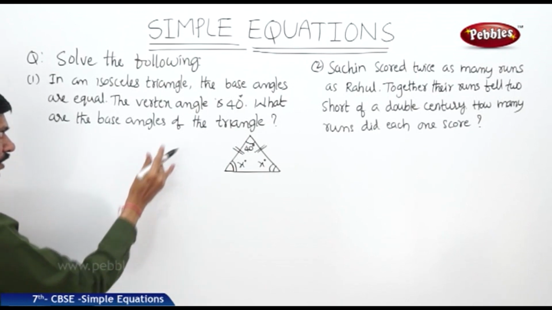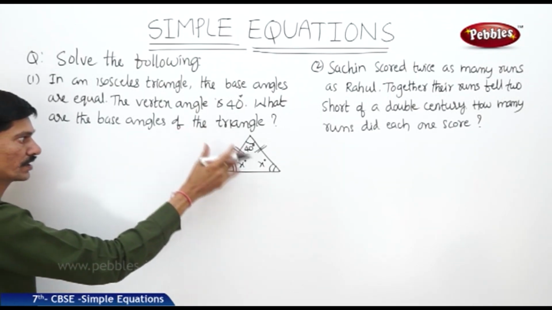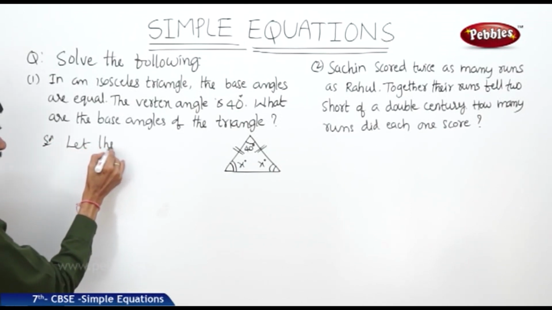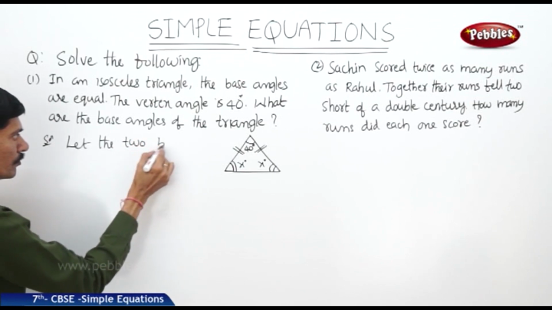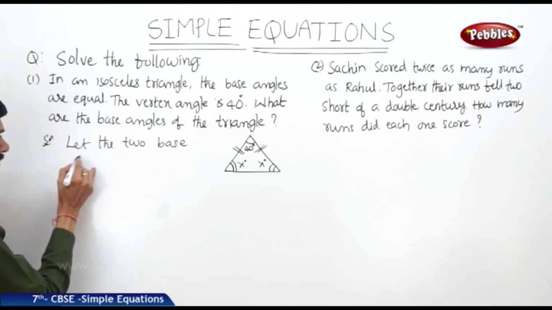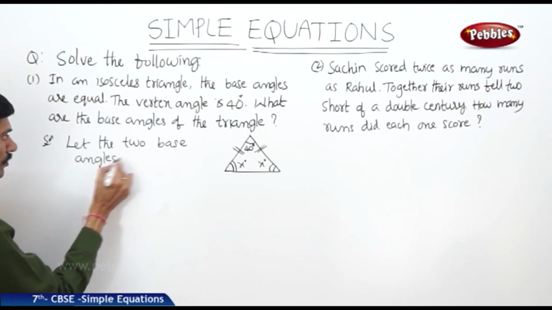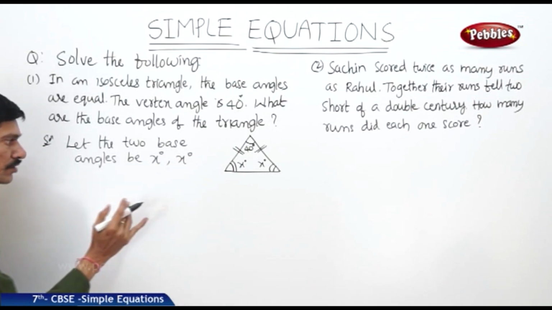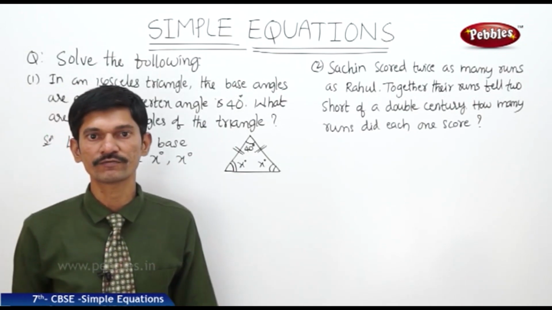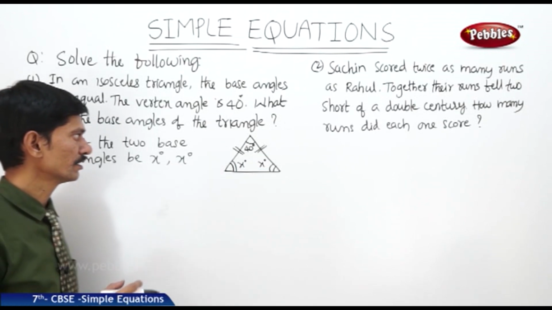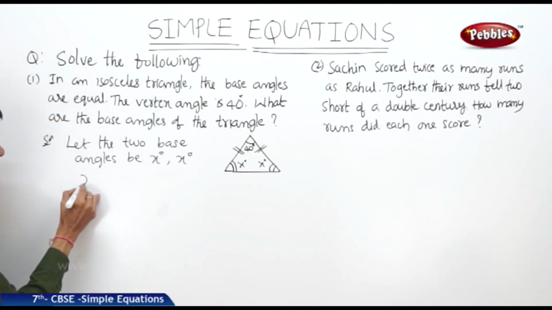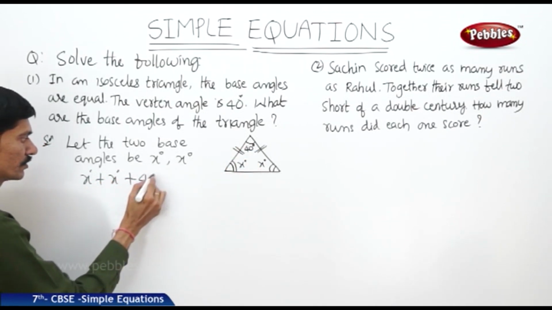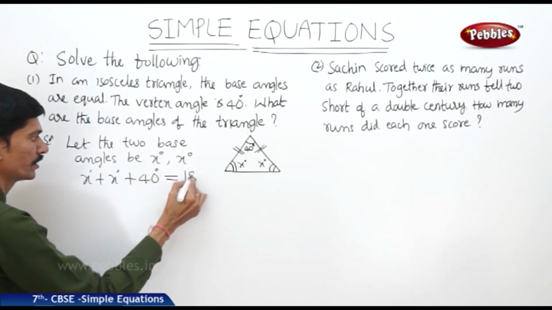Let the two base angles, which we have to find, be x degrees, x degrees. As we know that the sum of the three angles of a triangle is 180 degrees, we get x degrees plus x degrees plus the vertex angle 40 degrees equals 180 degrees.